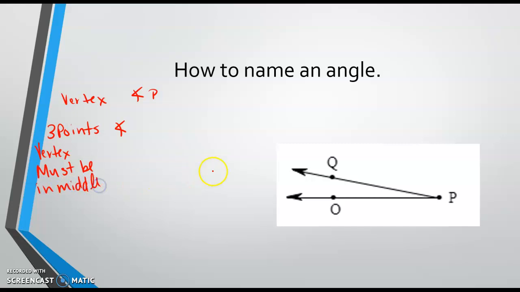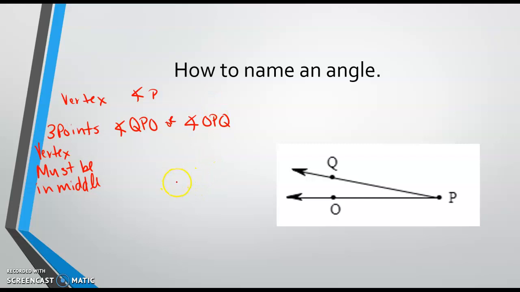If I name this Q, P, O, this is telling me start at Q, go to P, and then go to O. That's telling me the direction. So we always want the vertex to be the middle letter. So I could name this QPO or angle OPQ. Either way, the P's in the middle.